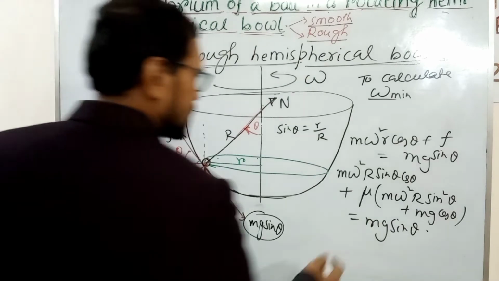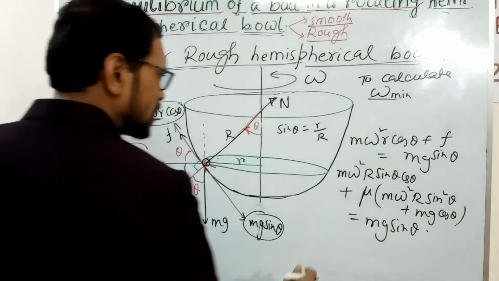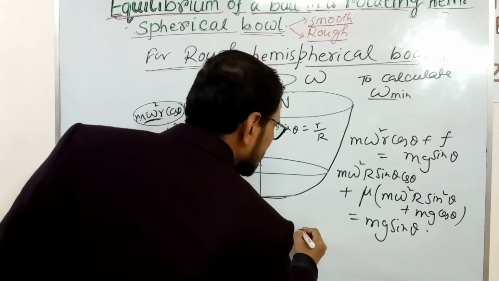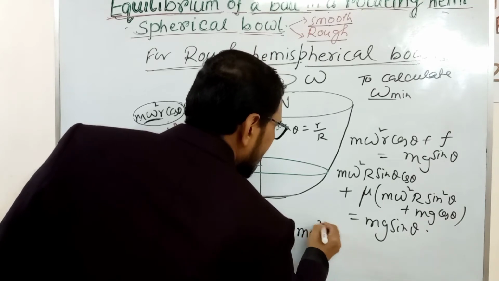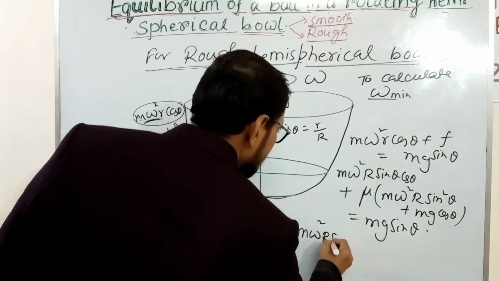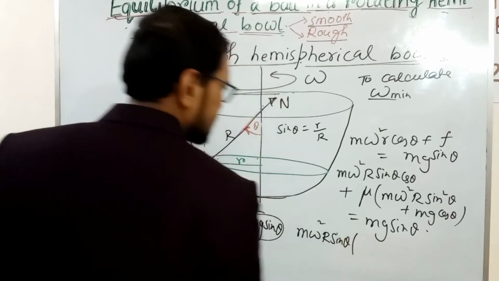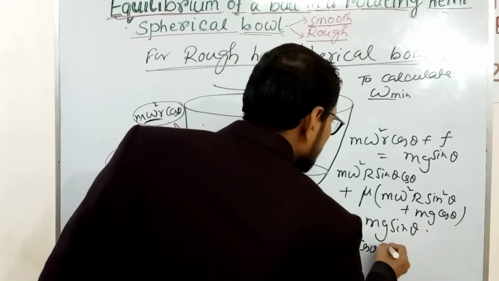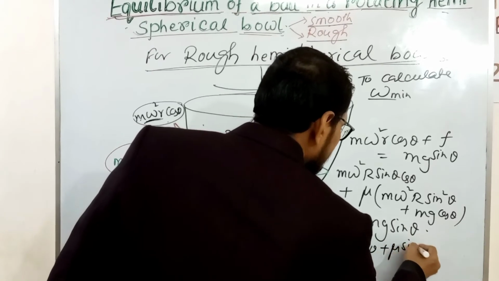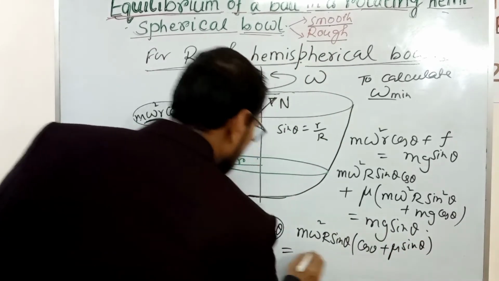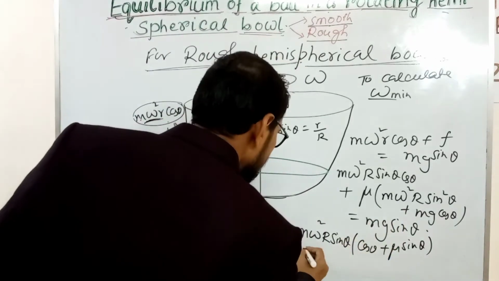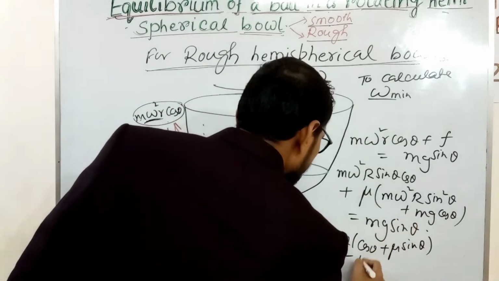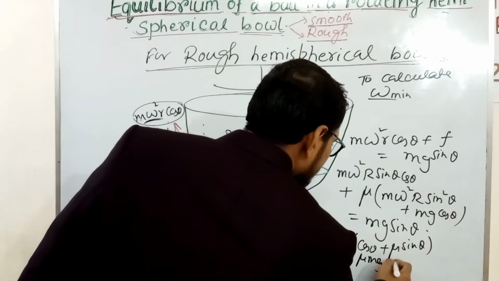Now from this equation we calculate omega. If we take m omega square R sin theta common, then we get m omega square R sin theta (cos theta plus mu sin theta) equals mg sin theta minus mu mg cos theta.